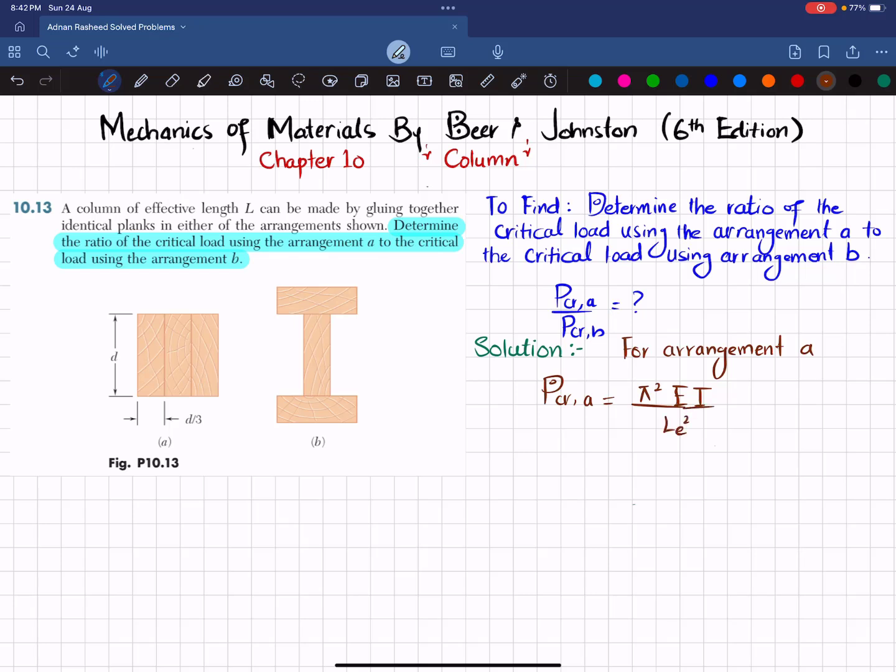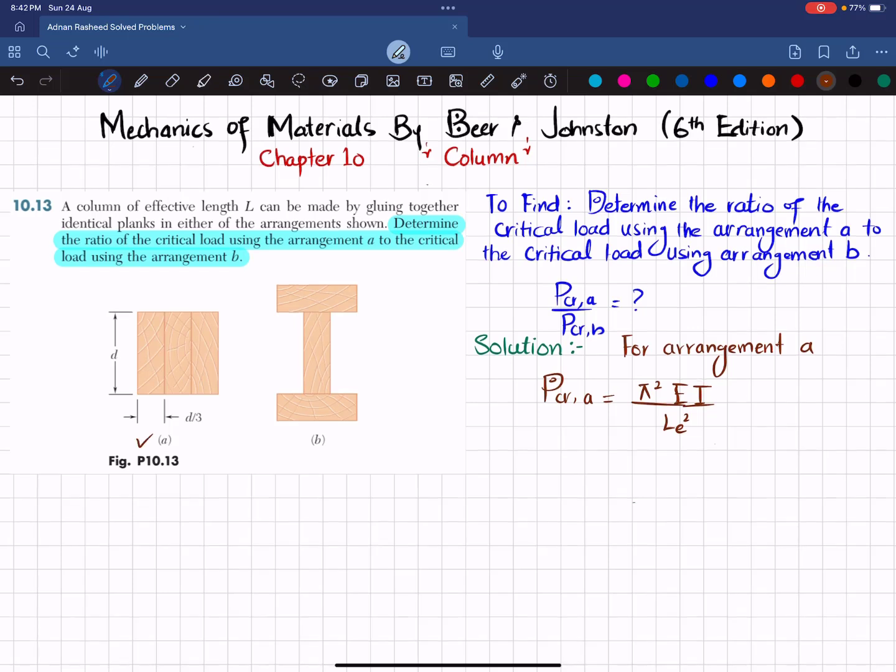Clear? Now we will find this I for the first case, which is A. You can see this distance is D divided by 3, this is also D divided by 3, and this is also D divided by 3, and their sum gives this distance D. And you can see that this shape is square.